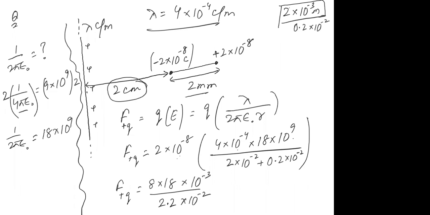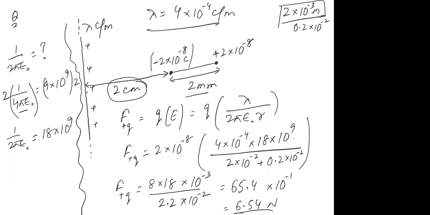So what will you get? 18 into 8 divided by 2.2 will be equal to 65.45 approximately. So 65.45 into 10 to the power minus 1, which can be written as 6.54, or you can make it as only 65.4. So this will be equal to 6.54 newtons. This is the force on the positive charge. Clear?